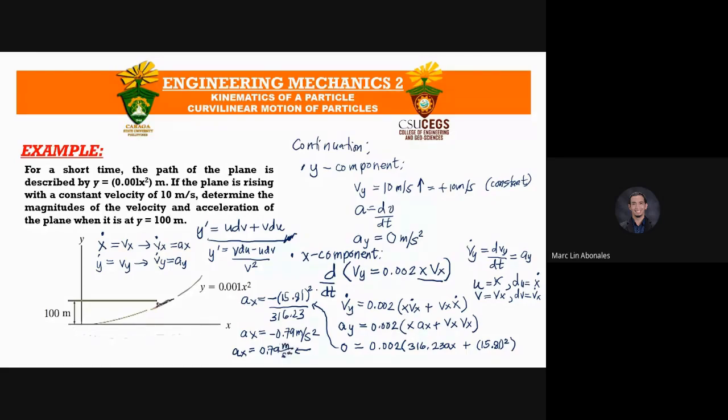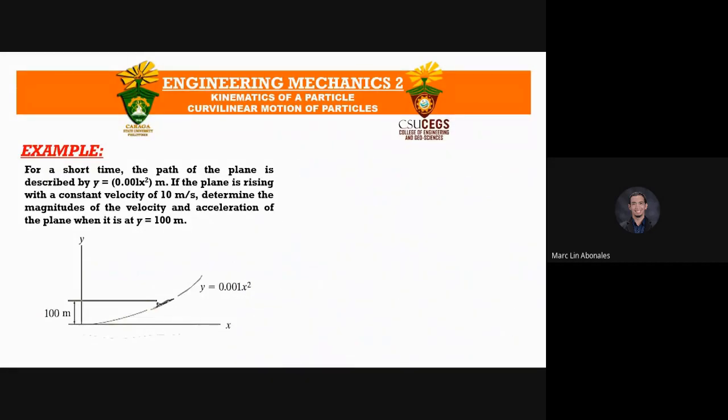So after we identify the x and y components of acceleration, we do the same thing we did with velocity, using the Pythagorean theorem. Just applying the Pythagorean theorem, that is ax squared plus ay squared.